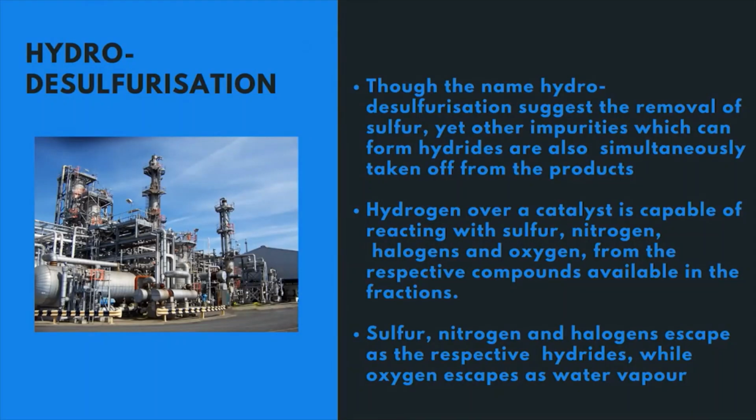Though the name hydro desulfurization suggests the removal of sulfur, other impurities which can form hydrides are also simultaneously removed from the streams. Hydrogen over a catalyst is capable of reacting with sulfur, nitrogen, halogen and oxygen from the respective compounds available in the fractions. Sulfur, nitrogen and halogen escape as the respective hydrides, while oxygen escapes as water vapor.